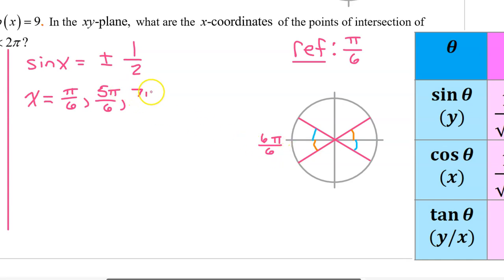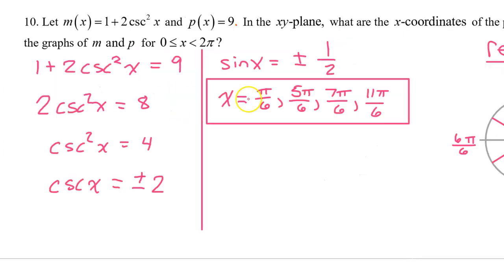That's 7 pi over 6. Doubling this, we can think of 2 pi as 12 pi over 6. And this angle in the fourth quadrant with a reference angle of pi over 6 is pi over 6 less than 12 pi over 6. That is 11 pi over 6. These are the x-coordinates of the 4 intersection points.